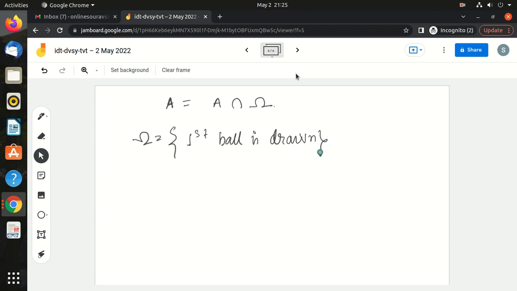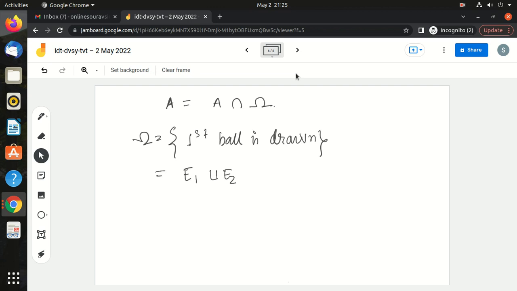The first ball drawn can be either E1 or E2. Do you understand this? Yes, sir. Understood, sir.